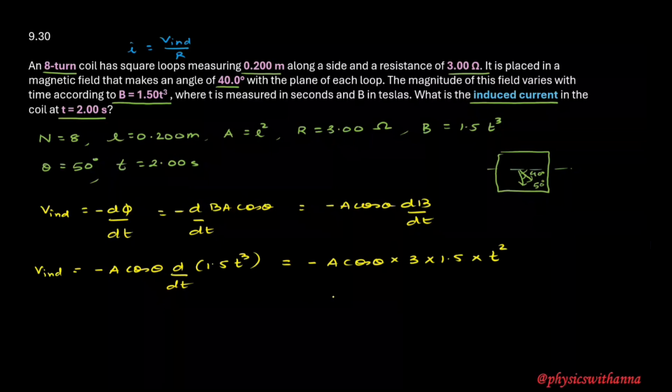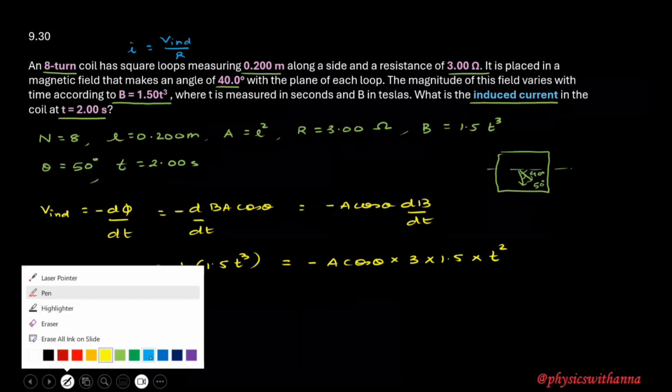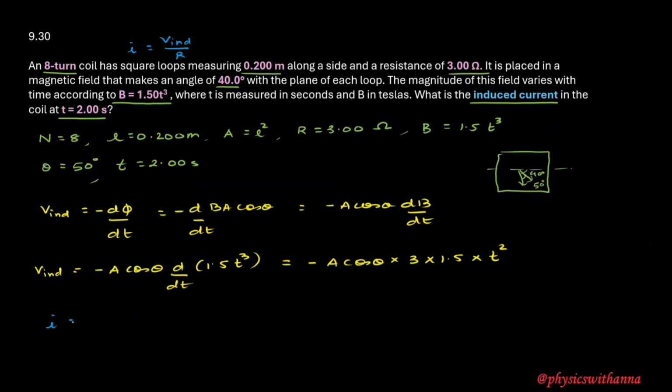We need to find the current. So now we will divide this term by the resistance R. So we get the current I as V induced over R, which is negative A cosine theta times 3 times 1.5 times t squared over R. Now substitute the values. A is length squared.